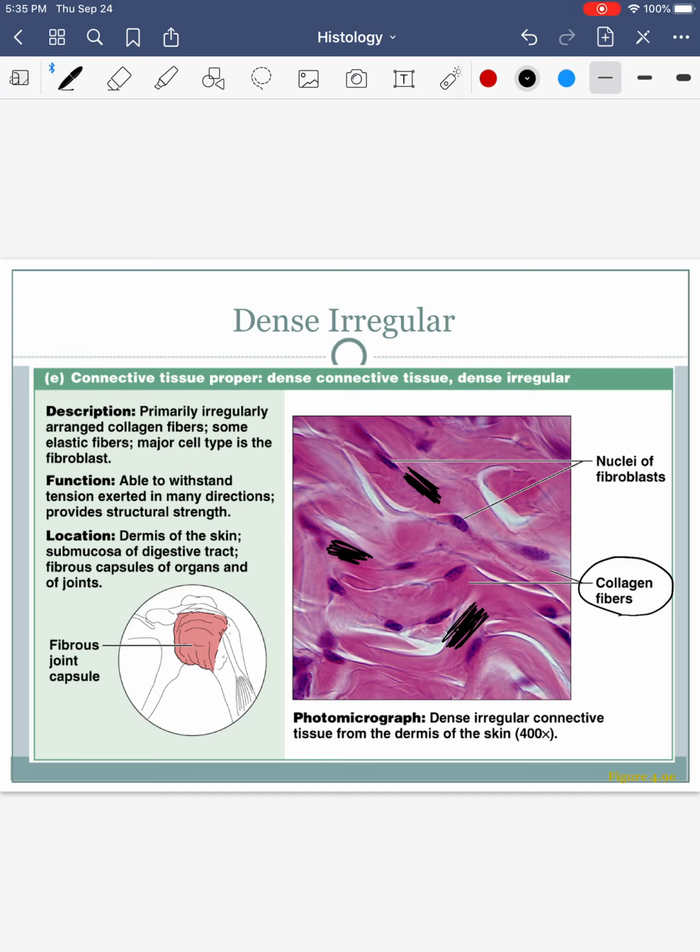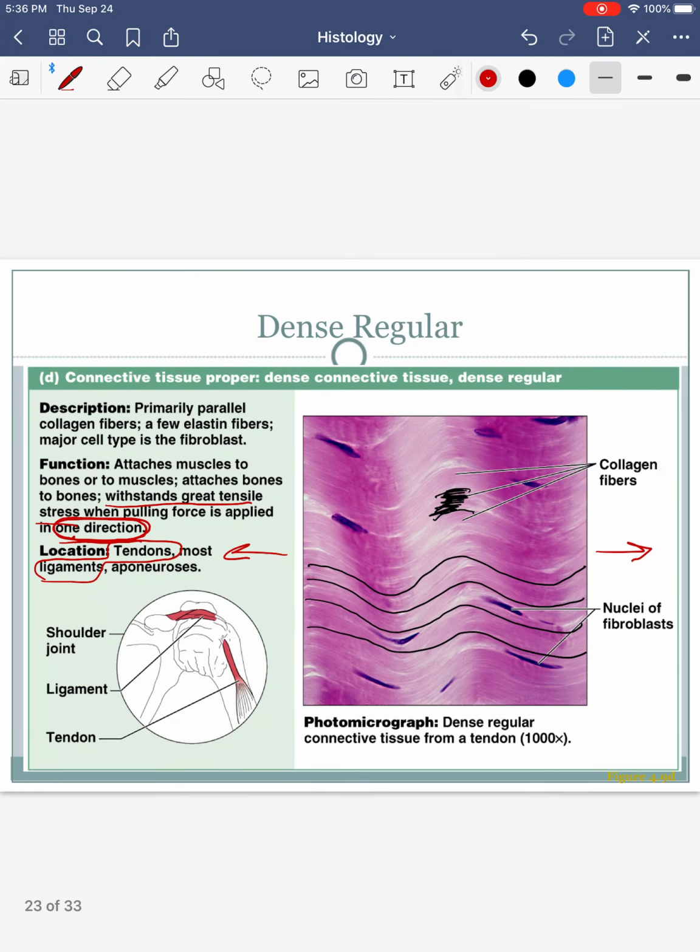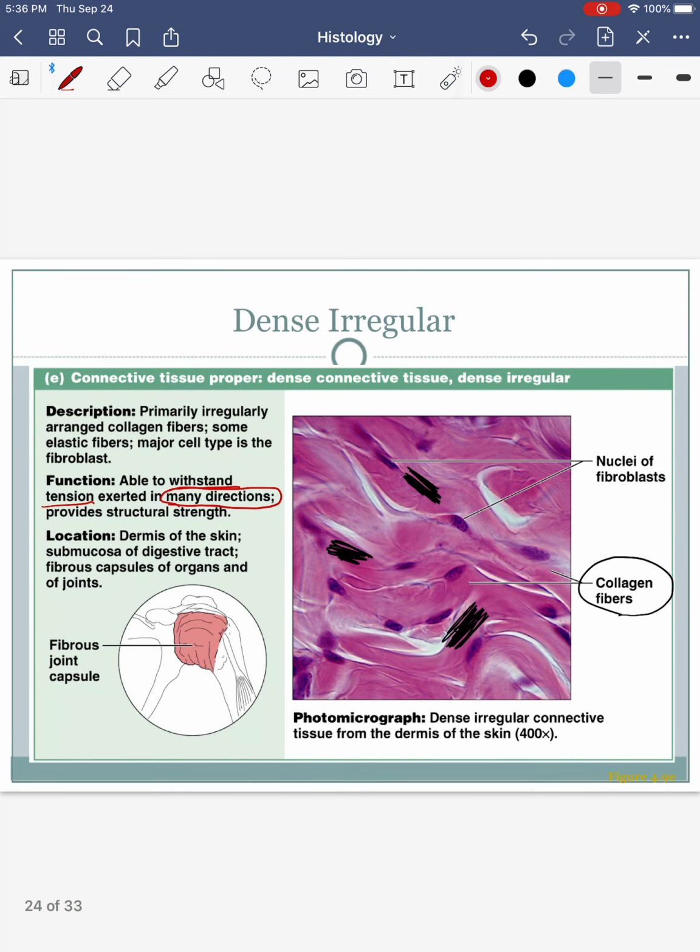And because they are aligned irregularly, they can withstand tension from multiple directions. If you remember, dense regular connective tissue can withstand stress from one direction. It's very strong, but only in that one direction. Dense irregular can withstand tension or stress in multiple directions.